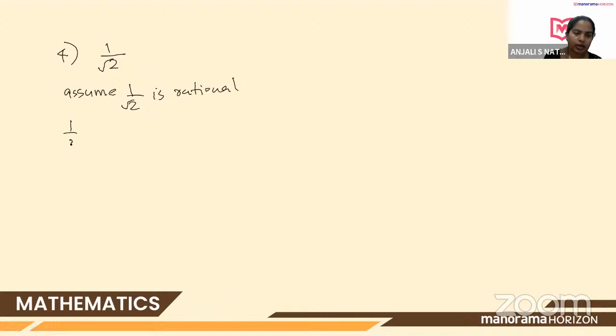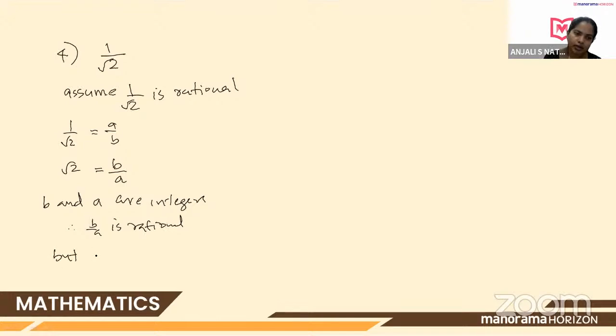So 1 by root 2 is equal to a by b, and root 2 is equal to b by a, and b and a are integers. Therefore, b by a is rational.